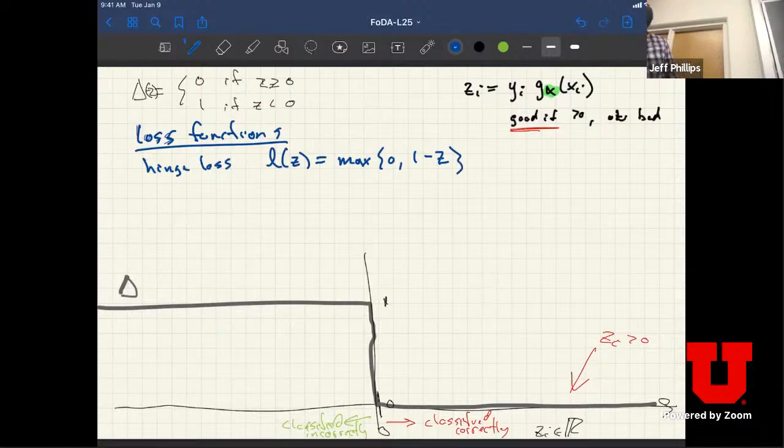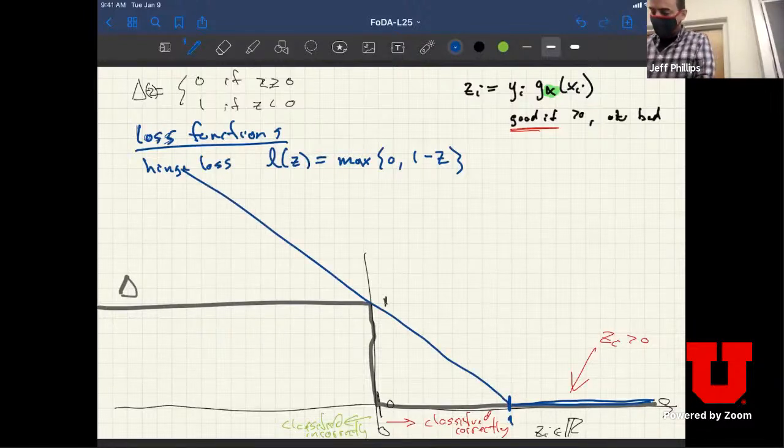So what does this look like? Well, I need to identify this point at 1 here. The hinge loss is going to be 0 if I'm greater than 1, and it's going to come up like this. All right, so this is going to be the hinge loss function.